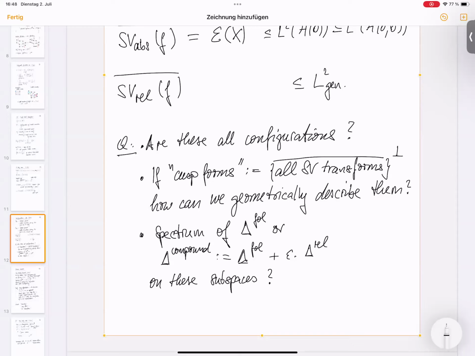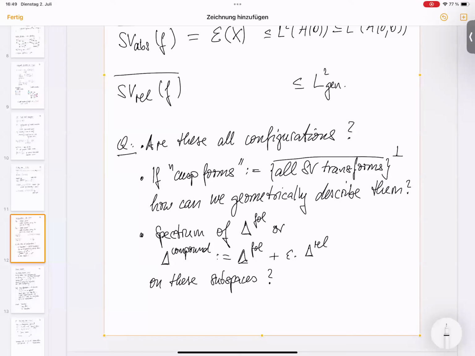Whether there is a notion of cusp forms which agrees with the perp of all Siegel-Veech transforms, and where ideally on the space of cusp forms our Laplacian has just discrete spectrum. Well, actually, it's not clear what our Laplacian should mean. There's the foliated Laplacian, and maybe the better behaved one is one that involves both foliations.